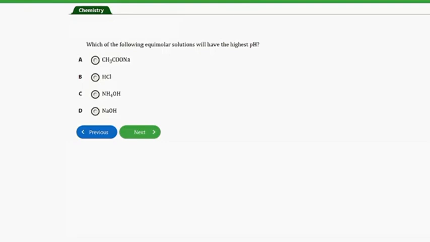So sodium hydroxide, being a strong base, will be the one with the highest pH. HCl is an acid, so it will have a very low pH. Also, sodium ethanoate is an acid as well. So the correct answer to this question is option D.